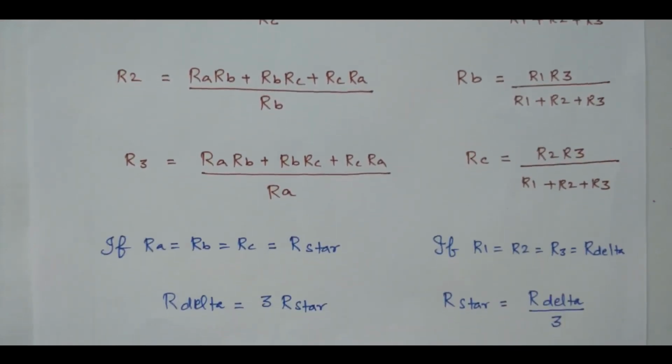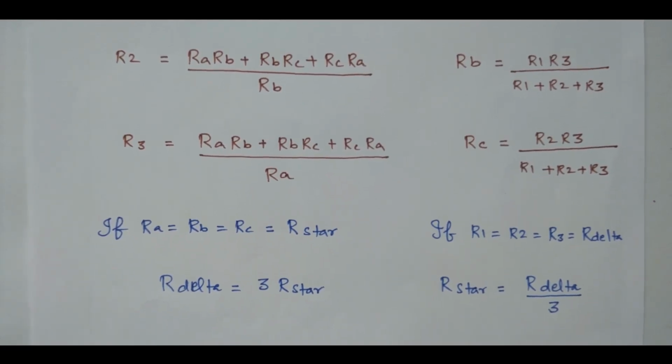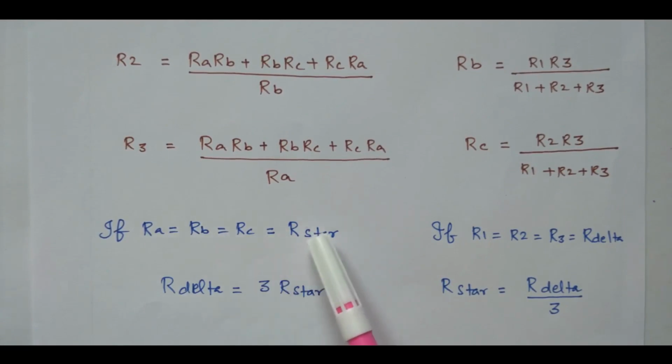Suppose all resistors are equal in the star connected network, RA equal to RB equal to RC equal to R star. Then what will happen? R delta equals 3 times R star. If you substitute in the previous equation, you can easily find this and remember it. Suppose all resistors in the delta connected network are the same, R1 equal to R2 equal to R3 equal to R delta.